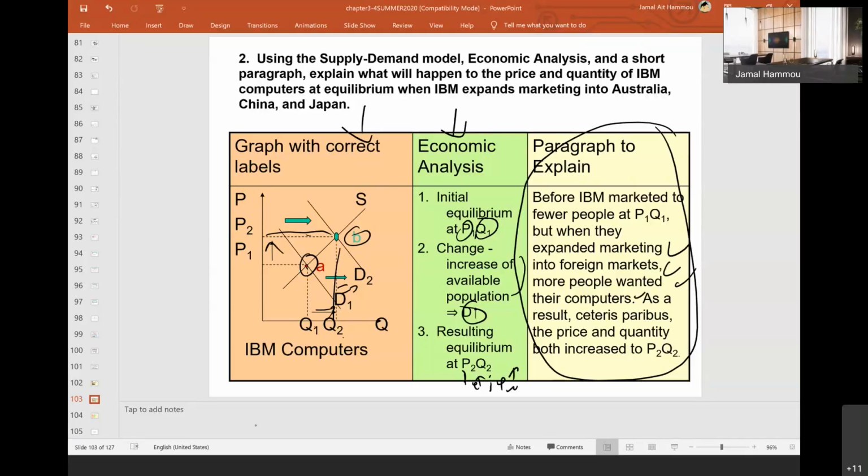More buyers means we have a shifted demand curve. It is not the price, it is another variable that shifts the demand curve to the right. So ceteris paribus, everything else equal, price and quantity increase from P1 to P2 and from Q1 to Q2.